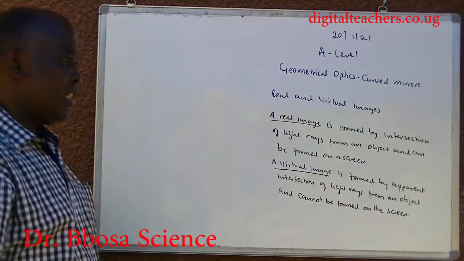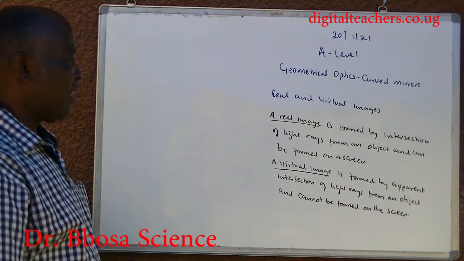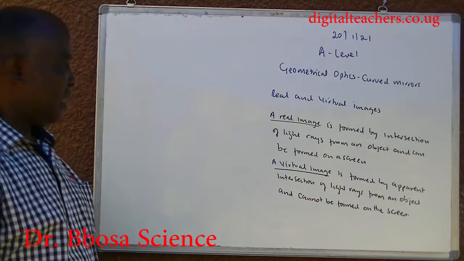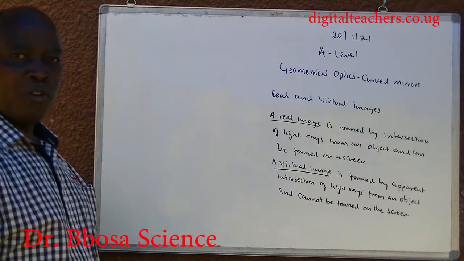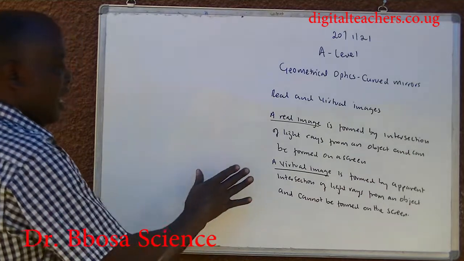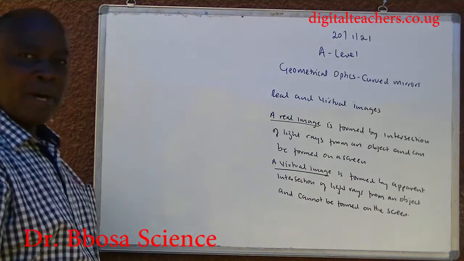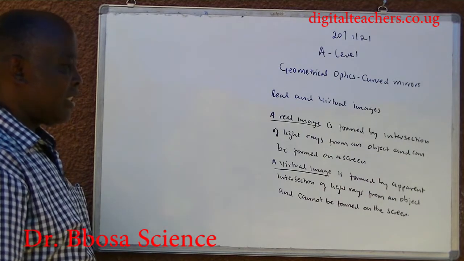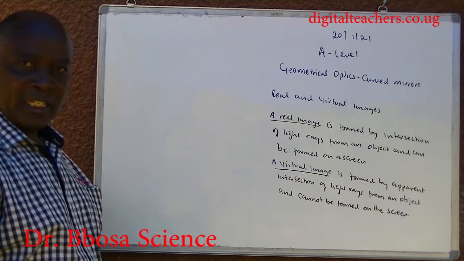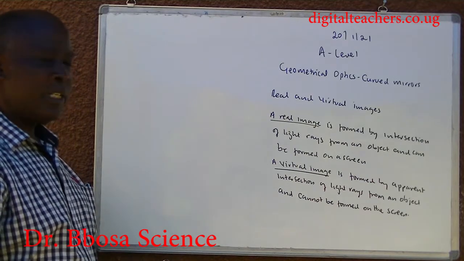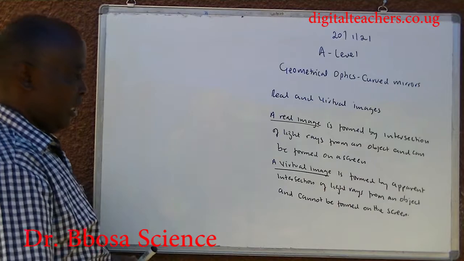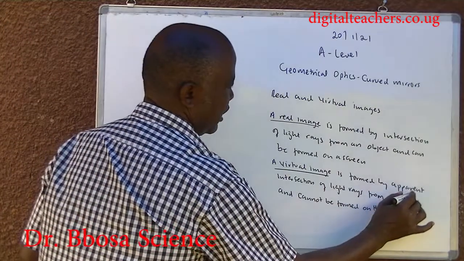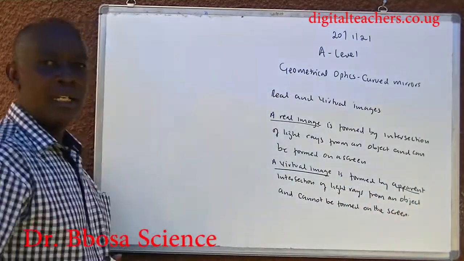A real image is formed by intersection of light rays from an object and can be formed on a screen. A virtual image is formed by an apparent intersection of light rays from an object and cannot be formed on a screen.